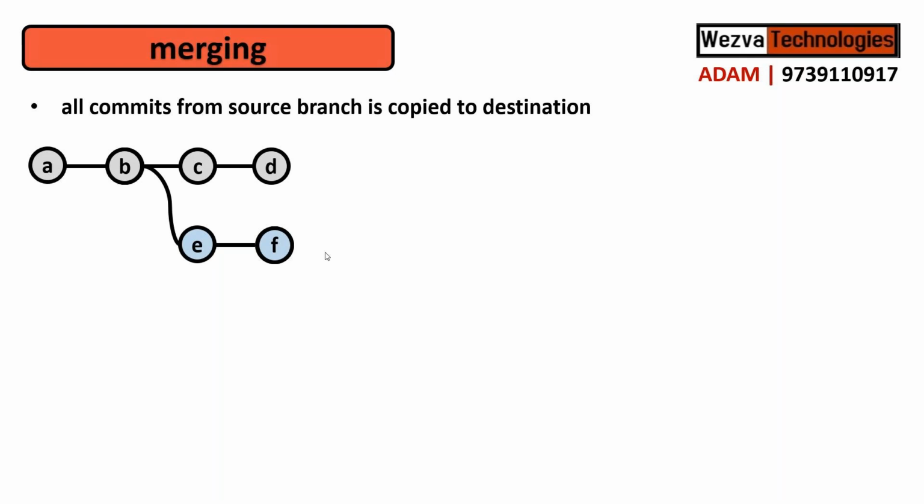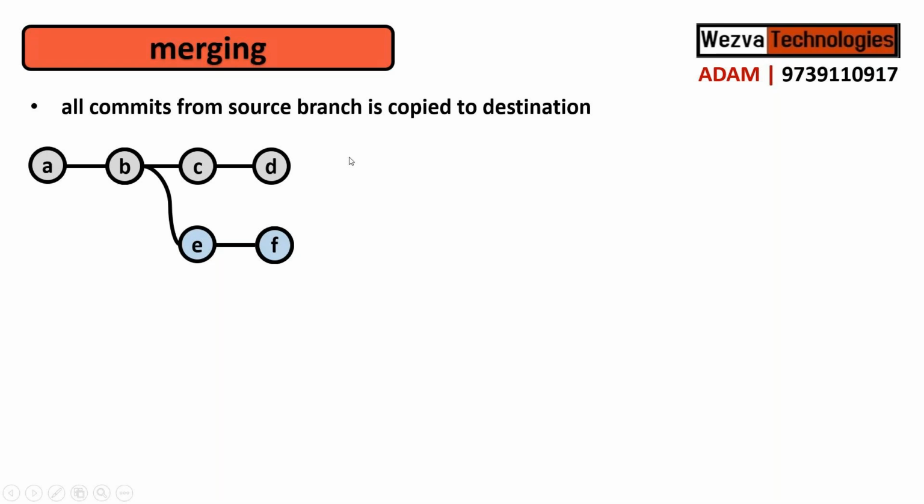Okay, so combining the content of one branch into another branch is what we call a merge, or a branch merging in Git. So in Git, merging means take the content of one branch and copy that to another branch. Okay, so that is what we call merging.